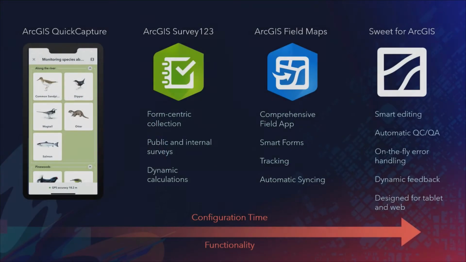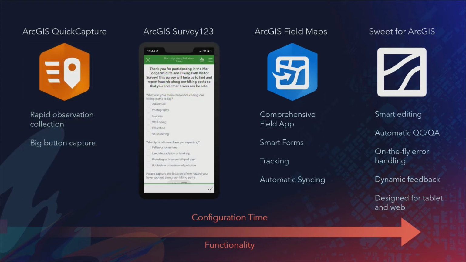It focuses on a big button style functionality, meaning it's very quick and easy to use, and also users generally require no training to use it. Survey123 offers a form-centric approach to capturing data in the field. Surveys can be configured with things like required fields and questions that dynamically update based on previous answers.